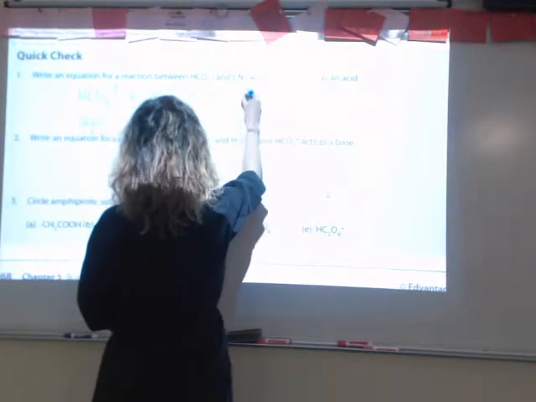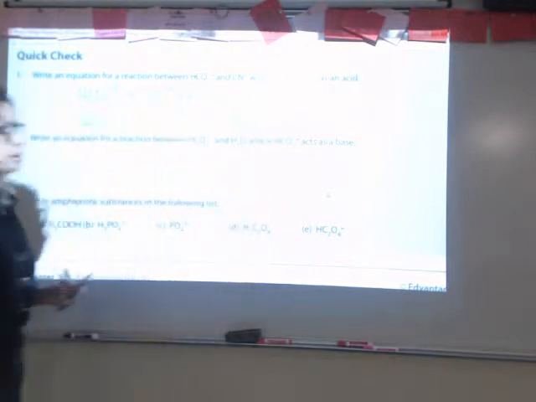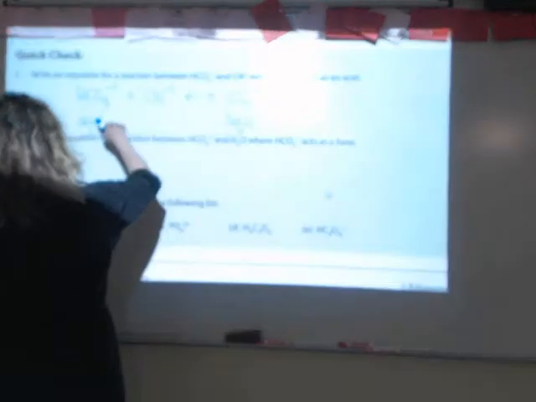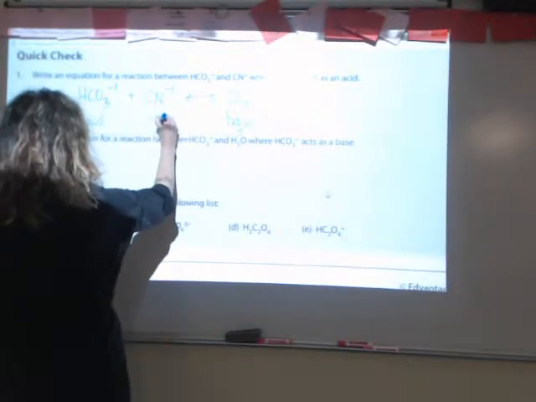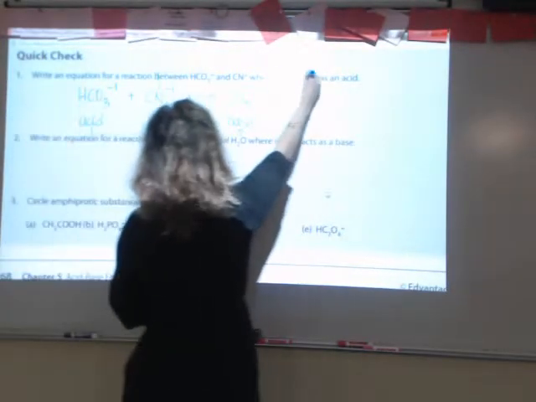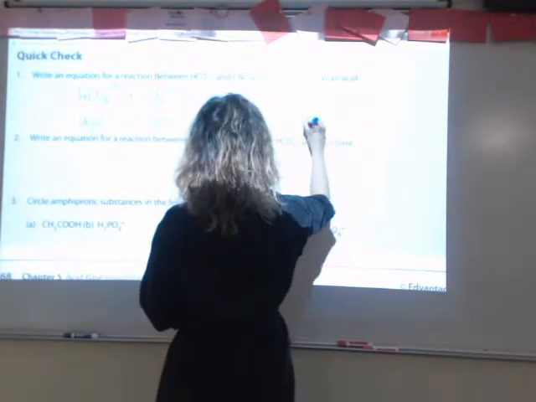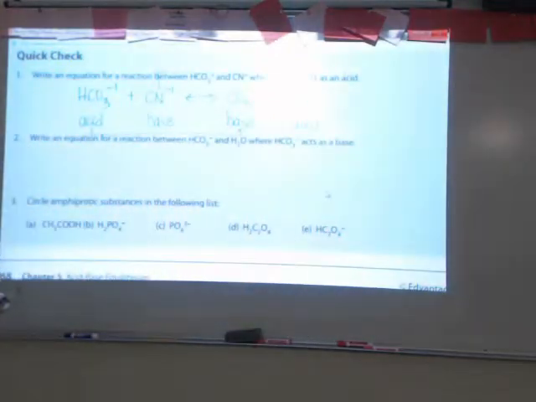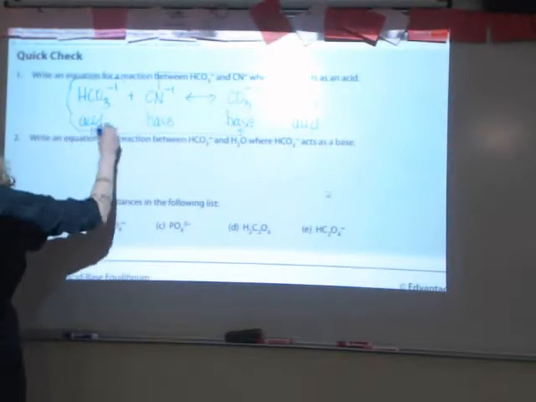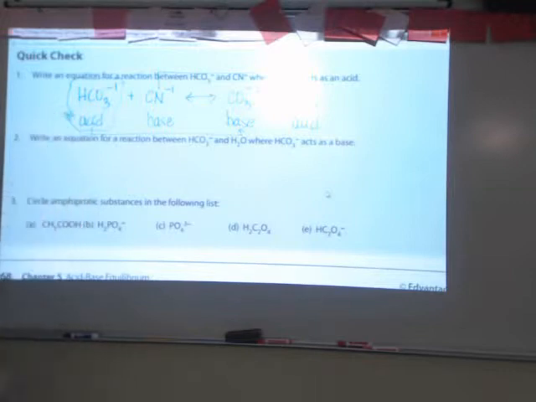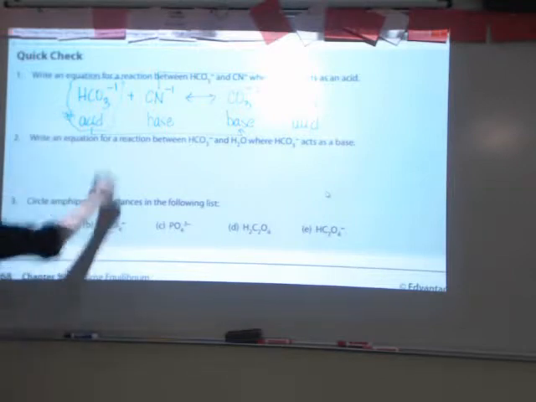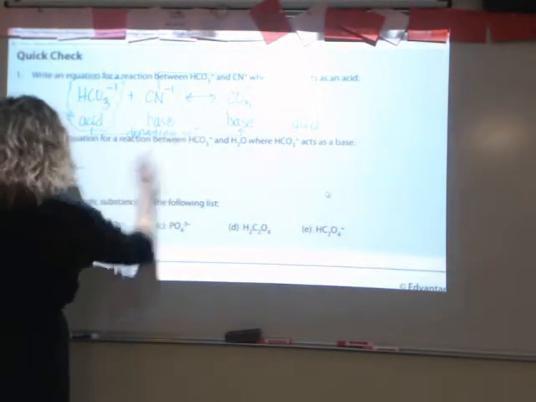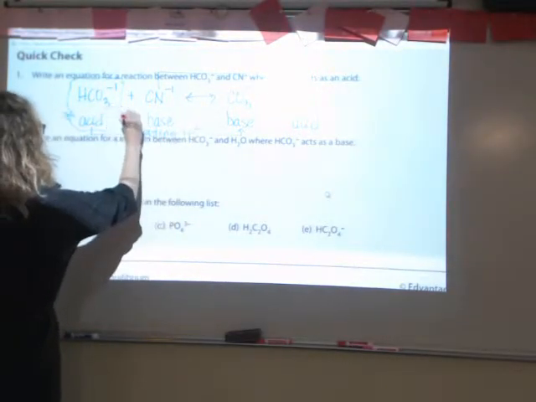So I'm going to have to remove that hydrogen ion and make it CO3 -2. If HCO3 -1 is acting as an acid, CN -1 has to be a base, and I'm going to partner it up with an acid on the product side, which means it's going to accept a hydrogen ion. So here is an example of HCO3 -1 acting as an acid because it is donating a hydrogen ion to another substance, okay?